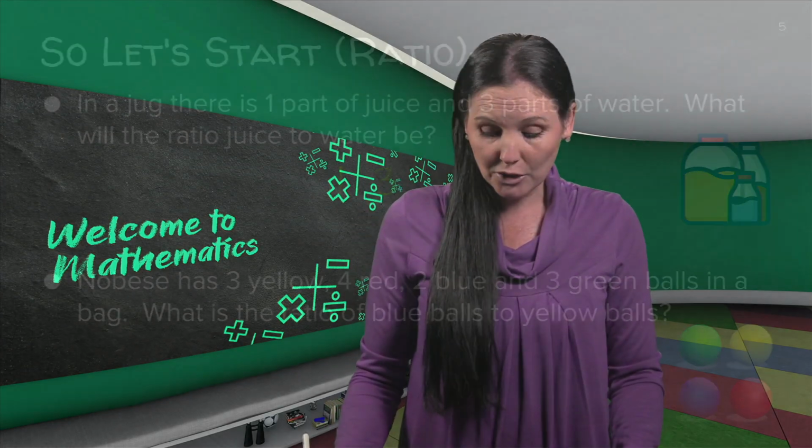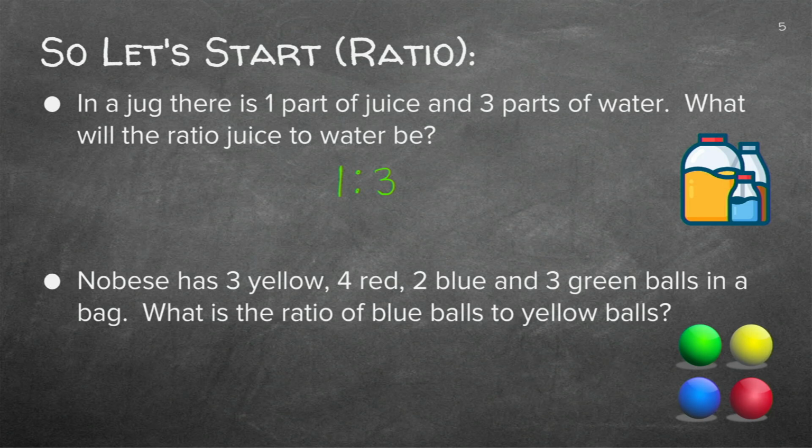Now BC has 3 yellow, 4 red, 2 blue and 3 green balls in a bag. What is the ratio of blue balls to yellow balls? Be very careful when you read your answers. They are asking the ratio, which means I'm going to use my colon.